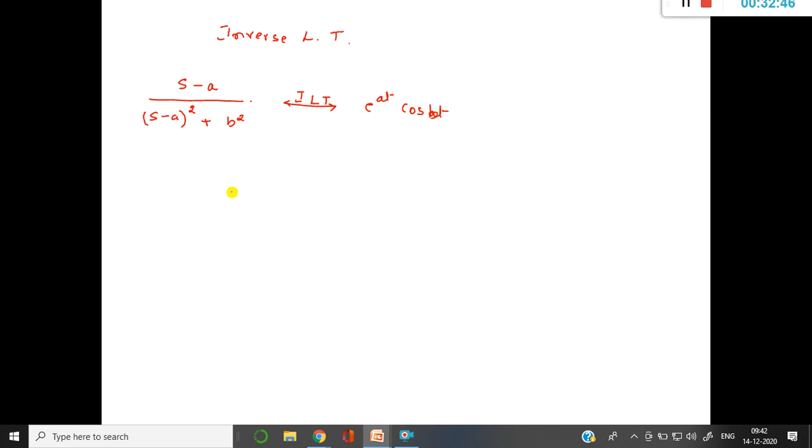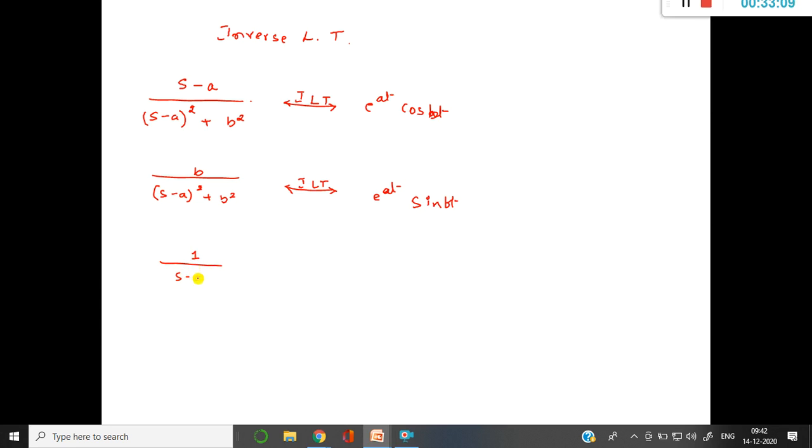Sorry, it is cos of bt, not at. Next, b divided by (s minus a) whole square plus b square. The inverse Laplace of this is e to the power of at, as usual, times sin bt.